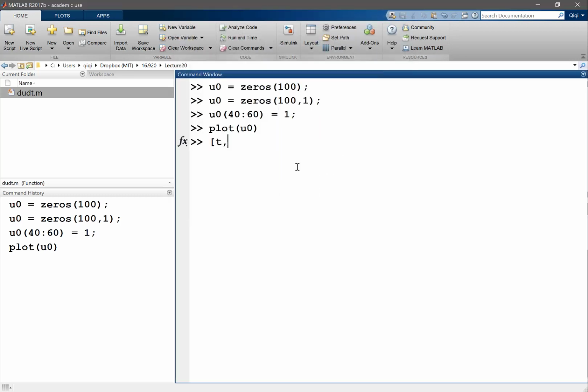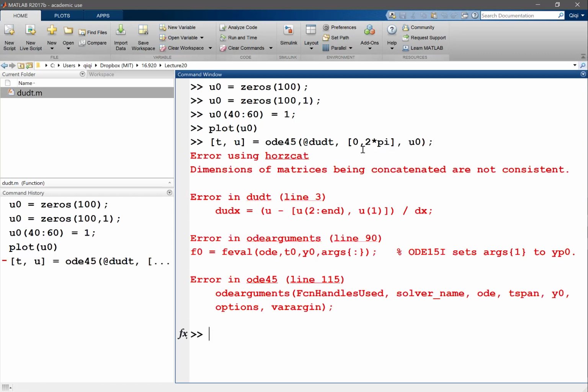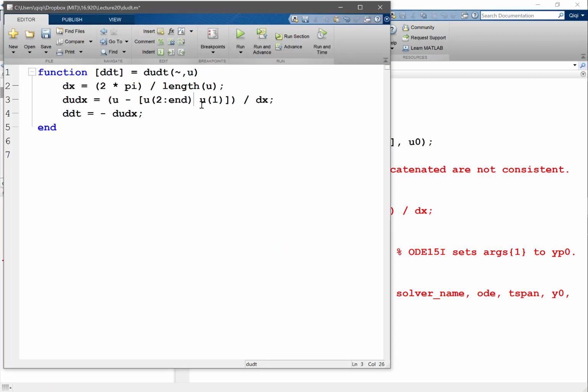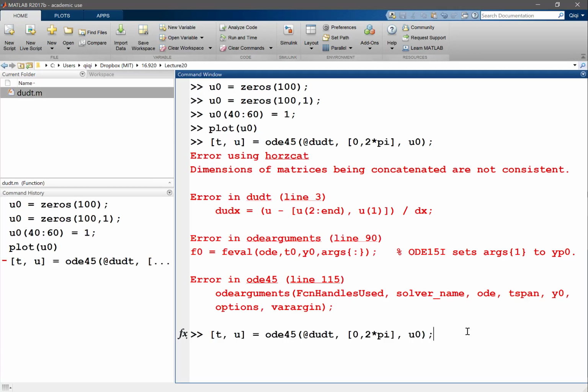If we plug this into ODE45 with du/dt, and the time domain first, 2 pi, basically one entire period, and u0. So let's see. Okay, so that means I was passed in a column vector. Let's do that and try again.